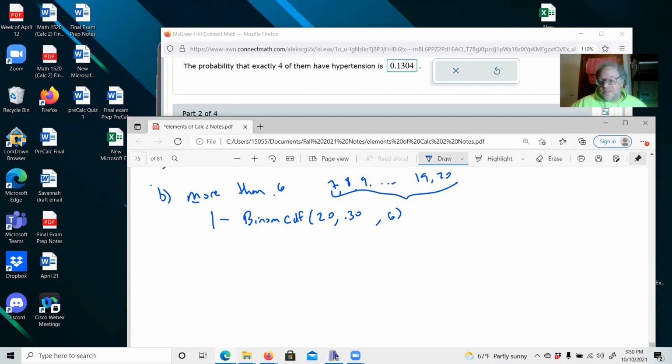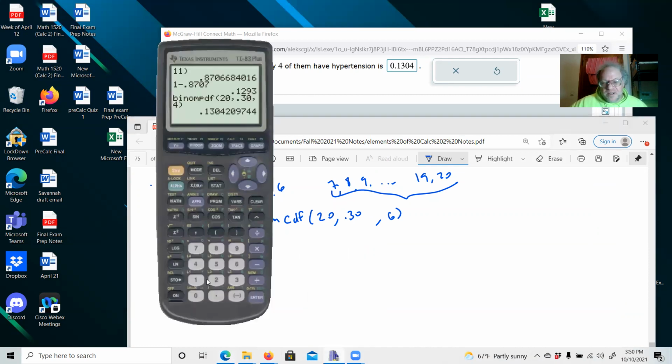You can even do that in the calculator in one step if you want to. Watch. 1 minus second function, distributions, Binomcdf. And we're just going to type these numbers in: 20, comma, 0.3, comma, 6. All right, so that's what we're doing here.